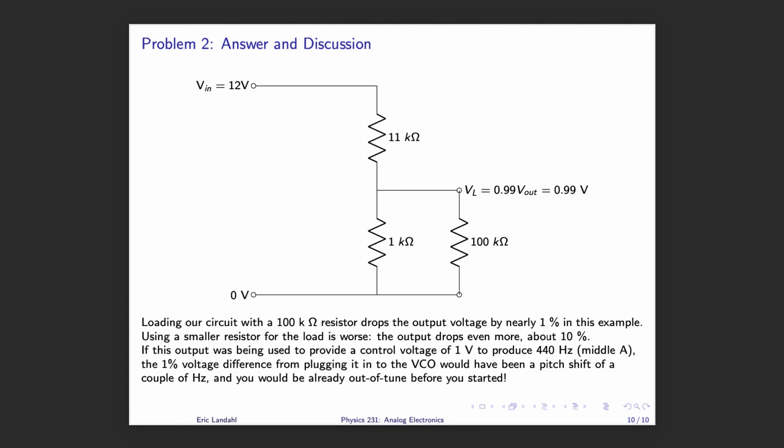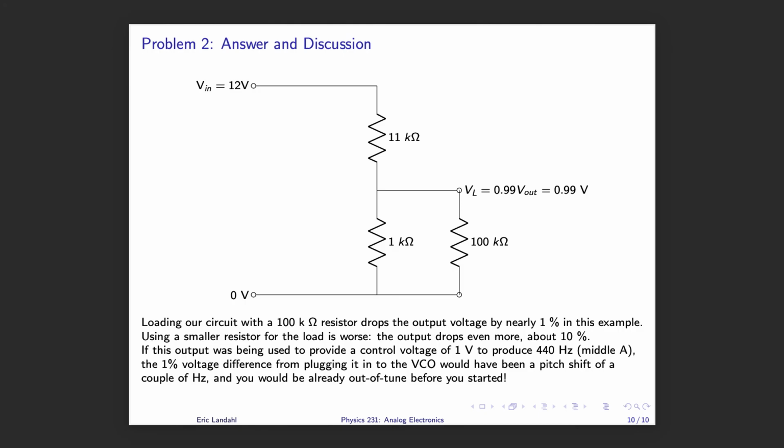In particular, you could say, well, what's 1%? I could tweak it back up with a potentiometer or something like that. But this is actually a significant issue because if you're using this 1 volt to provide a control voltage that, say, you were going to tune to middle A, a pitch of 440 hertz, that 1% voltage difference from plugging into the VCO would have a pitch shift of actually about a couple of hertz, which is something the human ear can definitely hear, especially if you're trying to tune it.